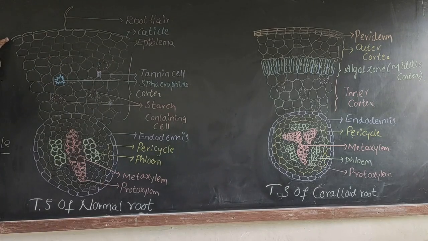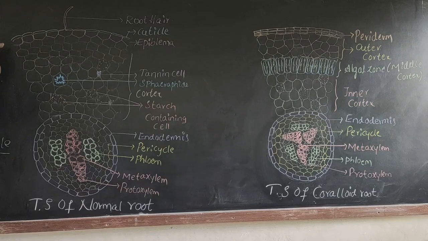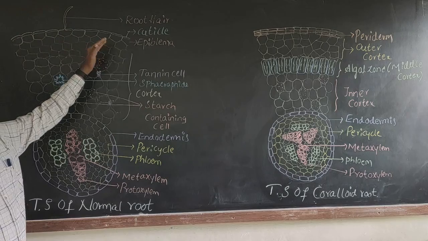Above the epiderma, you will see the presence of the cuticle. This cuticle mainly helps in protection, and another important function of the cuticle is that it helps in preventing excessive water loss. So, the outermost layer is the epiderma, and it is covered by the cuticle.